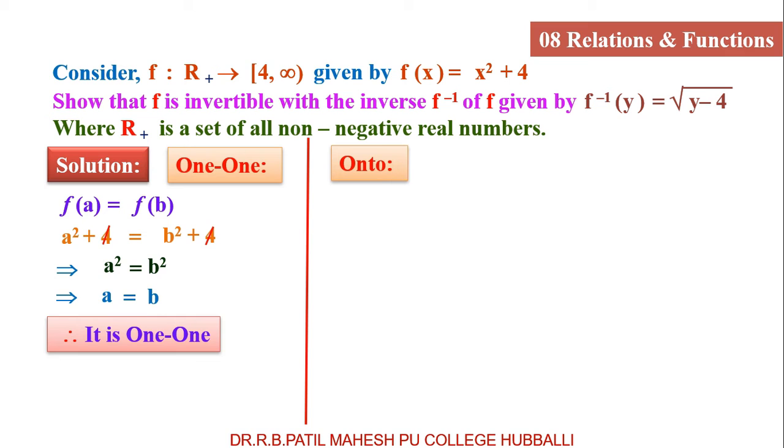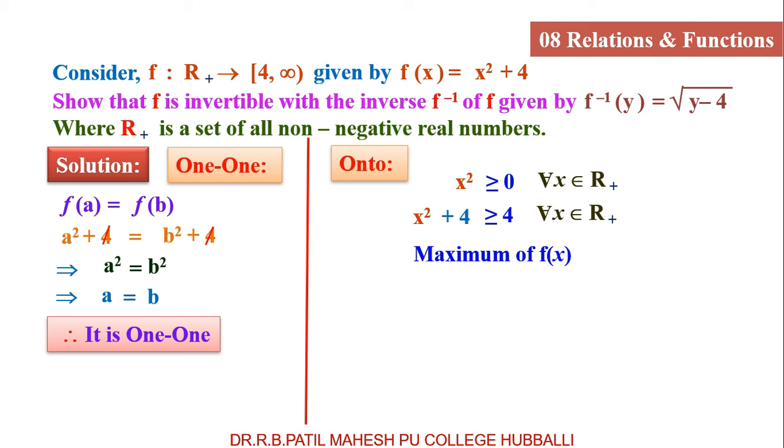Next, onto. Dear students, x square is always greater than or equal to 0. No doubt it is always 0 or greater than 0. If I add 4 to this, what happens? I get x square plus 4 greater than or equal to 4. Then x square plus 4 is your f of x, definitely. So f of x is greater than or equal to 4. The maximum value of f of x does not exist.